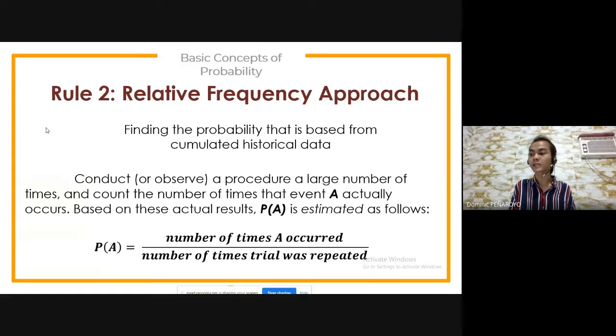Since we know that it rained 4 times in 5 days already, that's 4/5. So there is an 80% chance that it will rain today. That is based on the accumulated historical data. So that is rule number two, relative frequency approach.